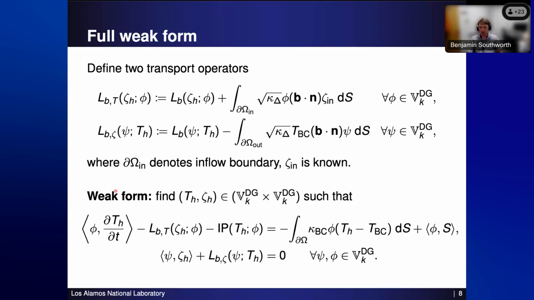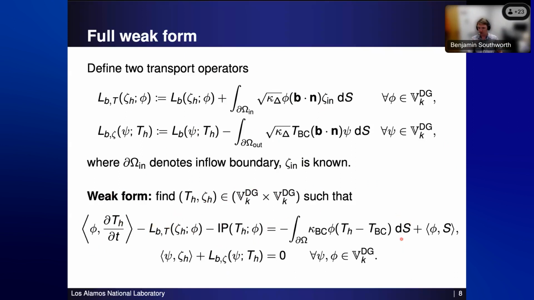Then the full weak form of our directional gradient formulation in the mixed DG formulation is given here. We have our time derivative, and we have our transport operator in the primary variable, temperature. IP just stands for a typical interior penalty discontinuous Galerkin discretization of the isotropic component of diffusion.